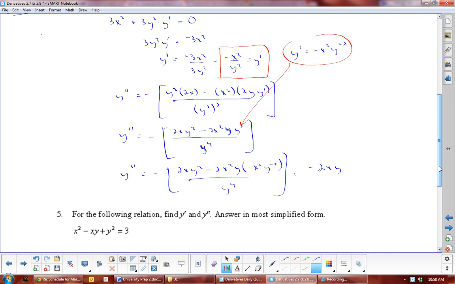Before we factor, we should do something with this mess here. So let's just get that simplified one more time. That would be 2x squared y squared plus 2x to the 4, y to the negative 1, all over y to the 4.